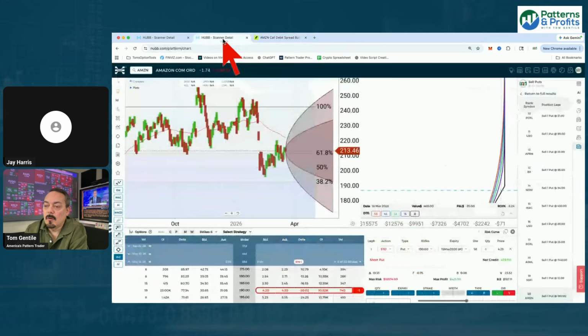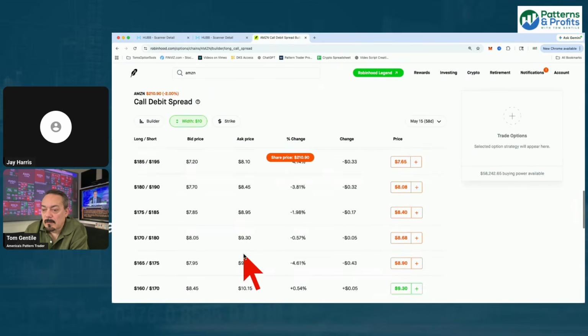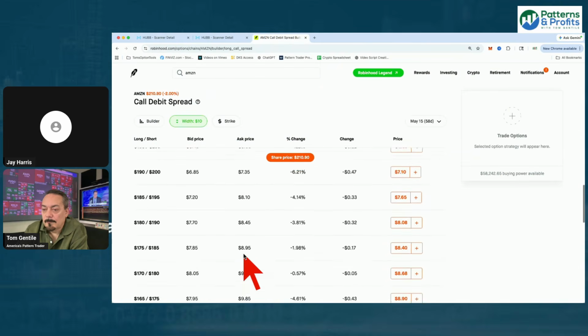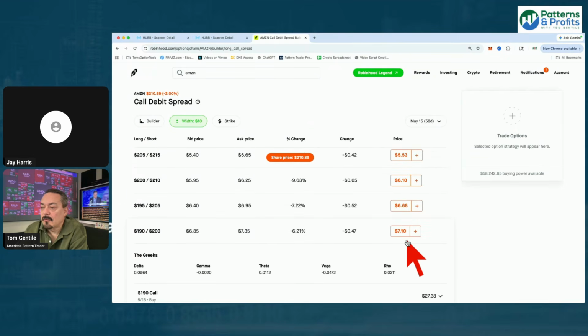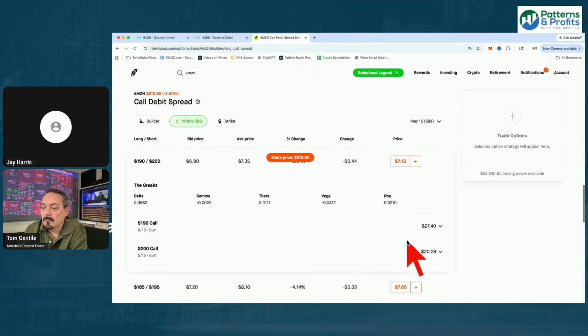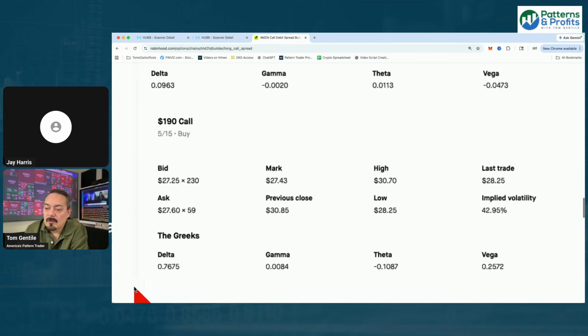Let me just double check one more time on here. Yeah, the May options. Okay, if I come down and look at the 190-200s, they're trading at $7.10. Let's look at some details on this. The 190 calls have a 76 delta.